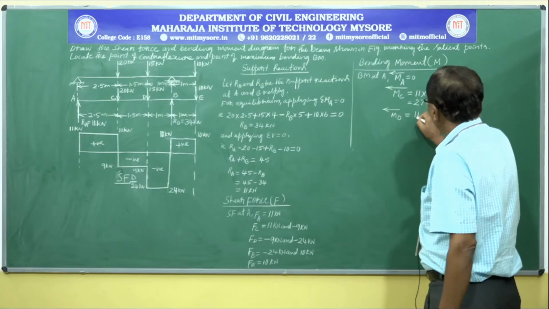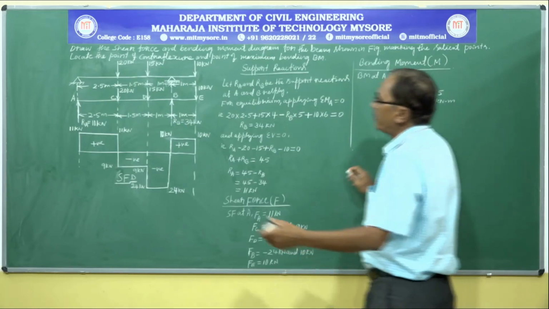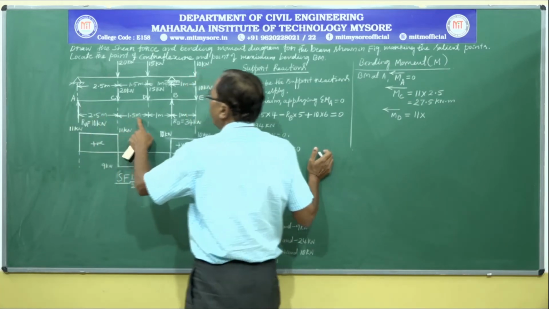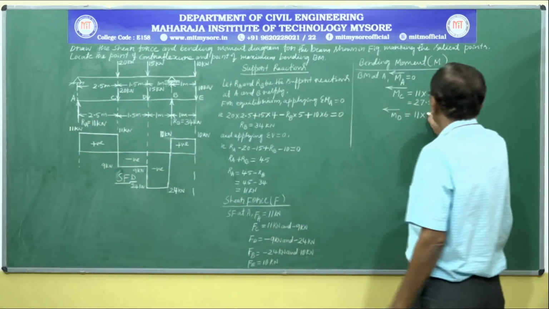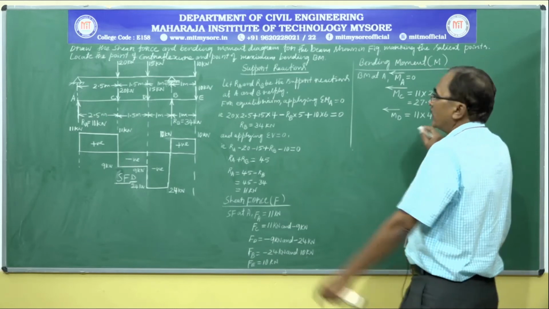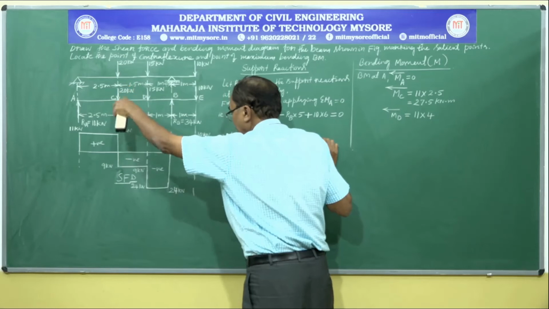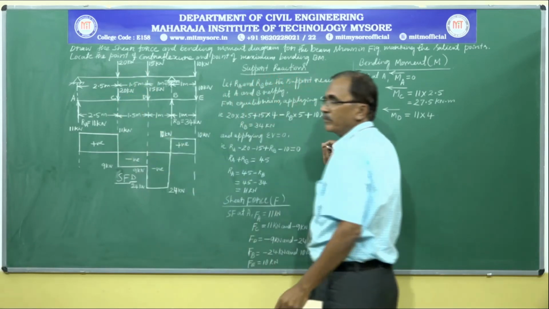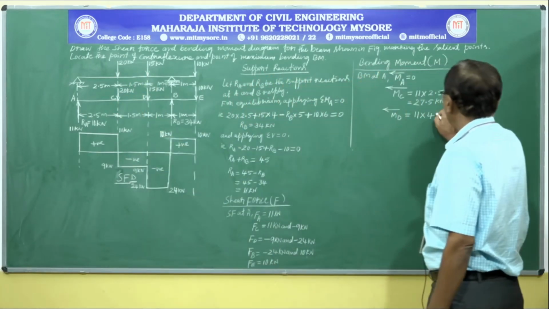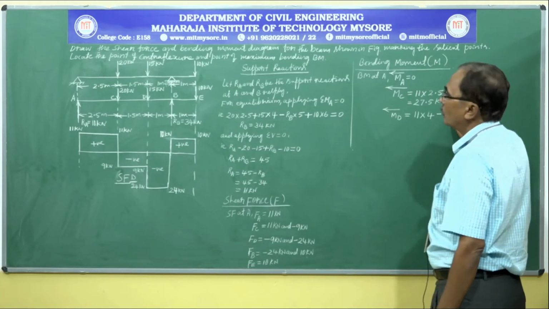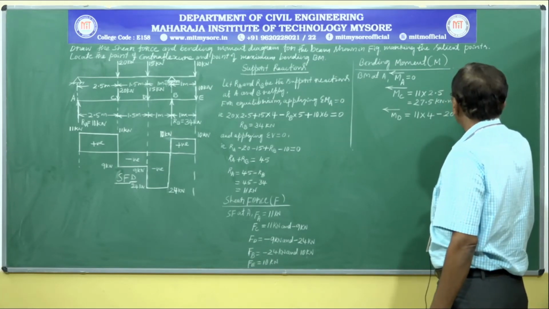So 11 into the perpendicular distance, 11 into 2.5 plus 1.5, 4. Next, this 20 kilonewton force will create an anti-clockwise moment. Hence it is negative, minus 20 into 1.5.